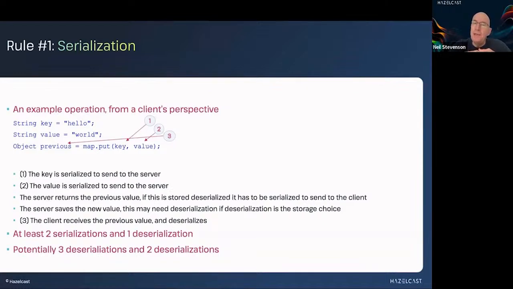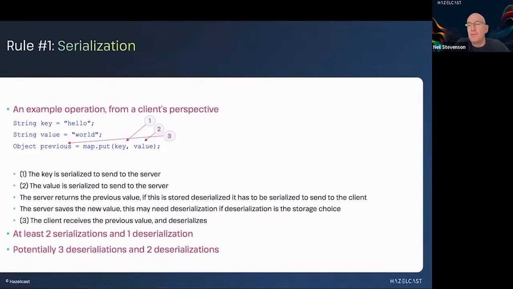The way the Java map definition works is it returns you the previous value when you do a map insert. So that has to come across the network. So there's at least 3 things that are going on. You've got to serialize the value you're sending, serialize the key you're sending, and deserialize the old value you get back. And potentially there's stuff going on the server side as well, depending whether you've dictated that the value is stored serialized or deserialized.